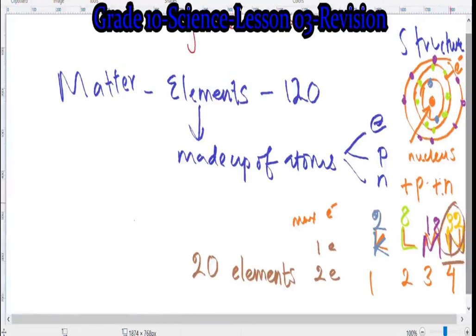Though it has 32, we will learn that it will have only 1 and 2, which is potassium and calcium. Potassium is atomic number 19 and calcium is atomic number 20. Right.